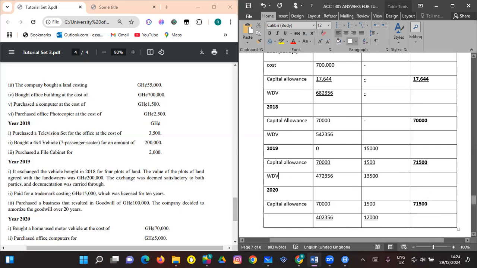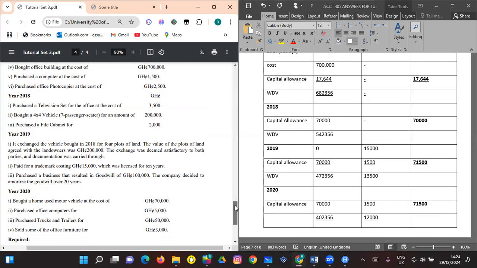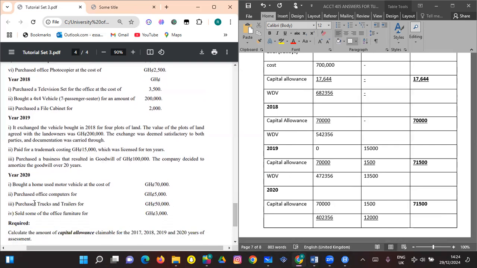In the year 2020, this is what we purchased: a home use motor vehicle at a cost of 70,000, right? And then we purchased office computers for 5,000, and then purchased truck and trailers for 50,000, and then sold some office furniture for 3,000.